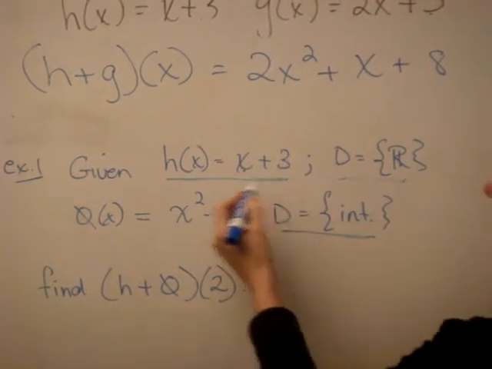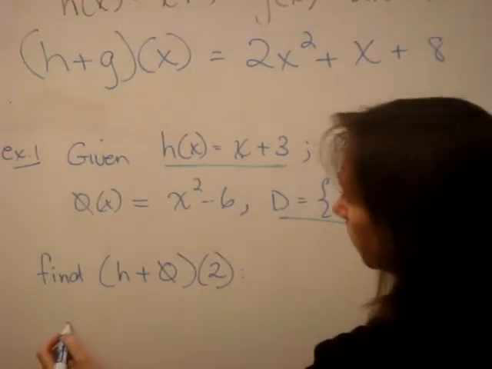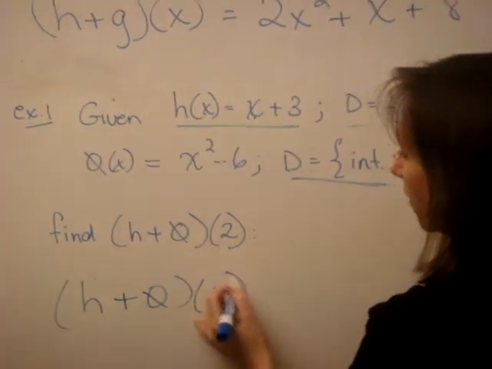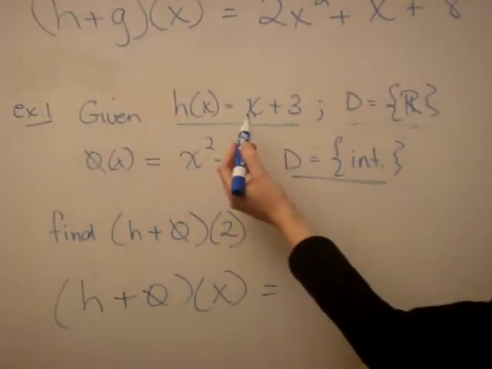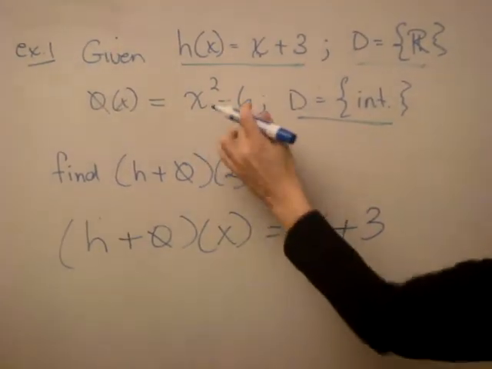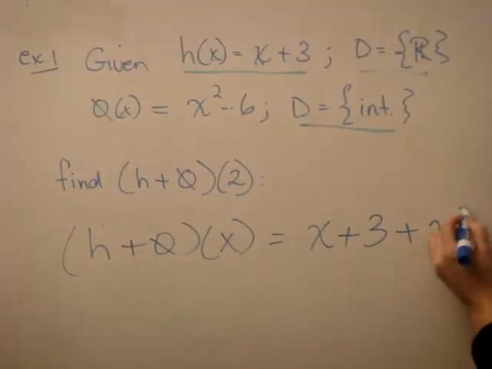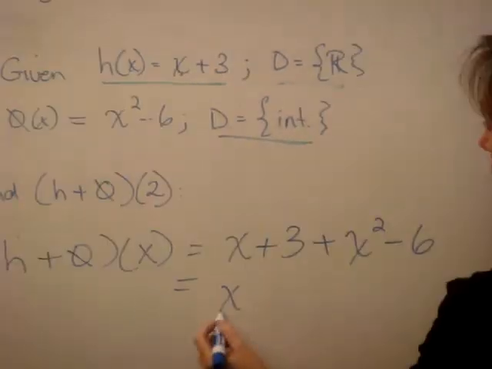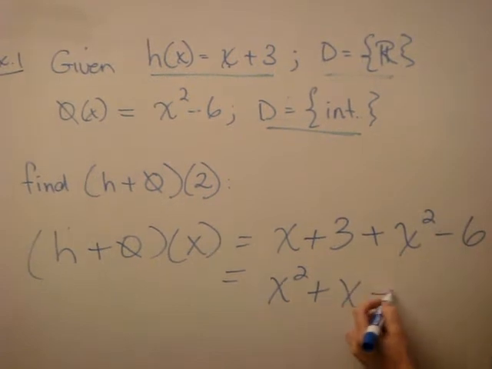We can either add our h function plus our O function together first. So I'm just going to add our h function, x plus 3, and our O function, x squared minus 6, and then we would get x squared plus x minus 3.